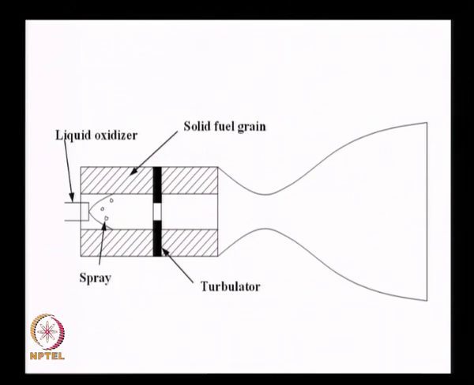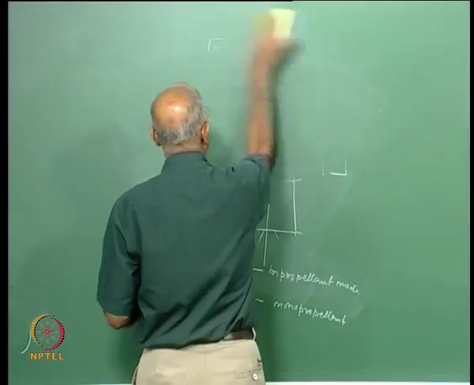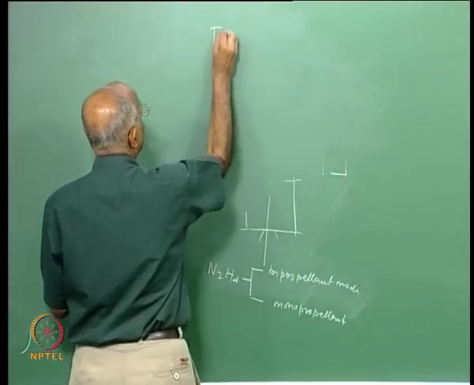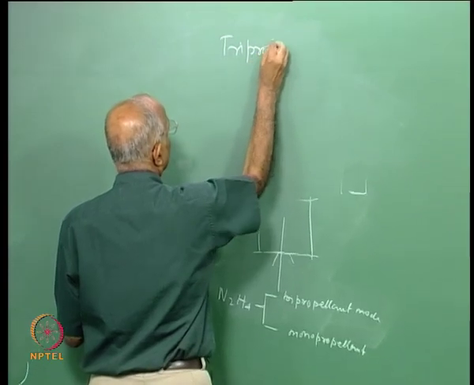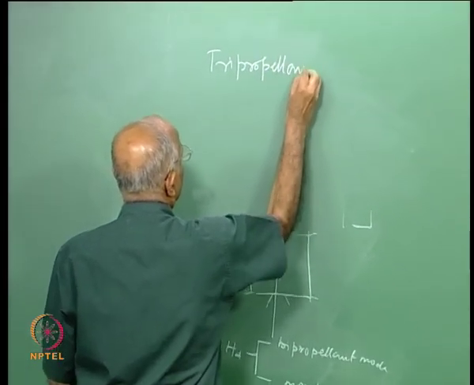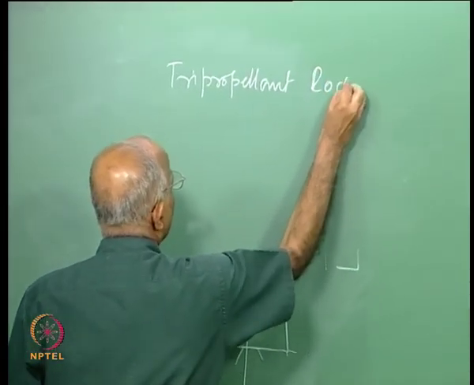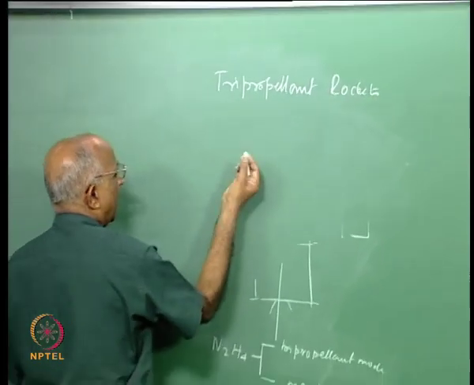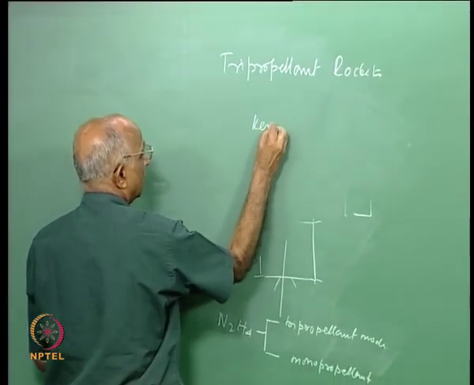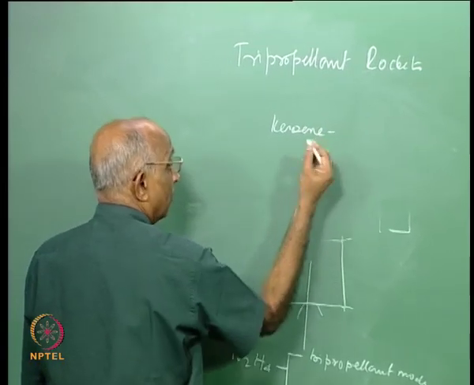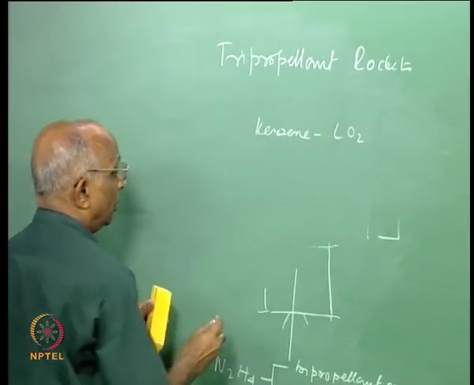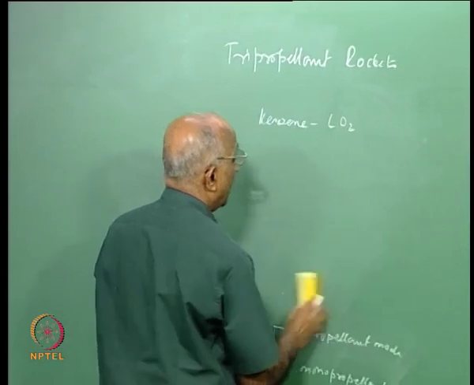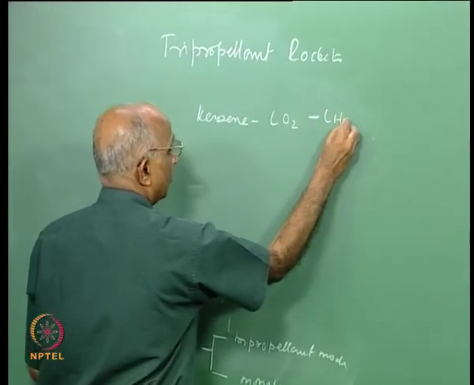I think this is all about monopropellant rockets, but just to complete the subject of rockets, instead of monopropellant or bipropellant, we could have three propellants, tripropellant rockets. What are tripropellant rockets? Maybe I have something like kerosene, and I have liquid oxygen which can be used as boosters. I also carry maybe liquid hydrogen.